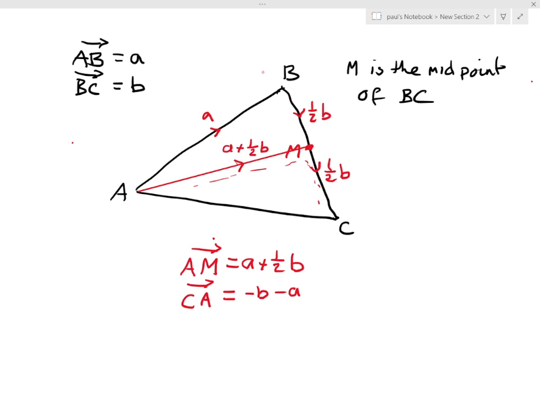So going the other way, we go up this way, so we've got minus half a b, and then we're going to go there, so this is minus a minus half a b, and we end up at A. Now if we simplify this, minus half a b and minus half a b makes minus b, and then there's a minus a at the end. So you see the vector is exactly the same thing. No matter which way round the shape you go, it's the same thing. So there you go, a little lesson on vectors.